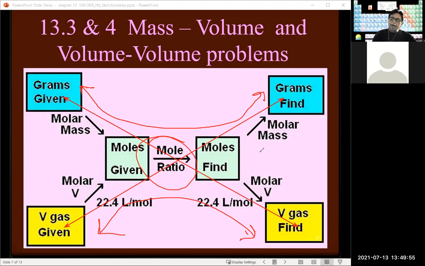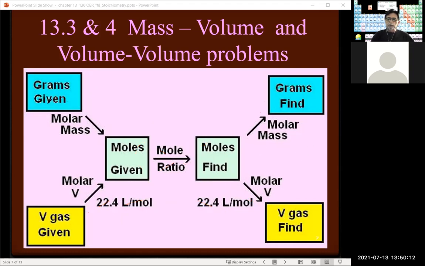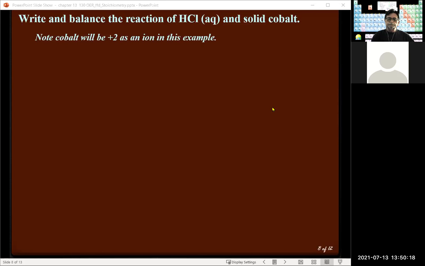But remember, I got to get from grams to moles, from moles using the mole ratio to moles of what I'm looking for, and from moles of what I'm looking for, I need the molar mass to get me to grams of what I'm looking for. Okay. And that's what the given and the find is all about. All right. Let's do this example here.